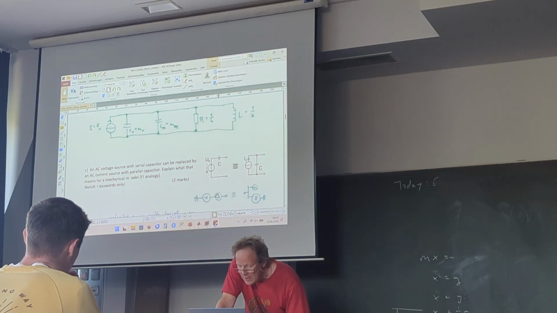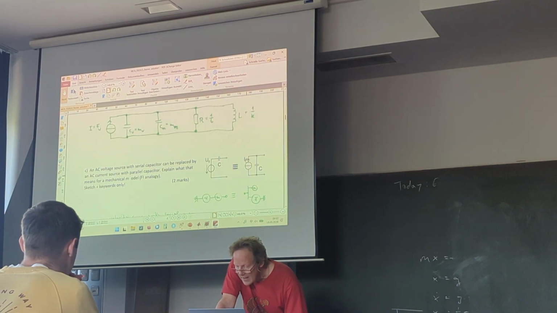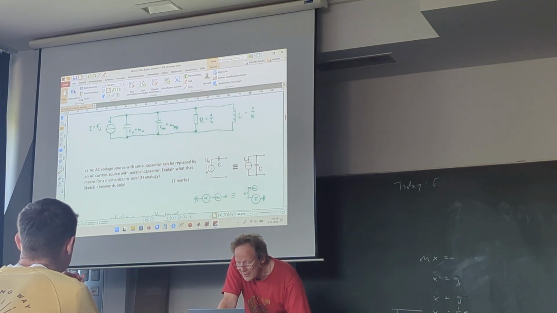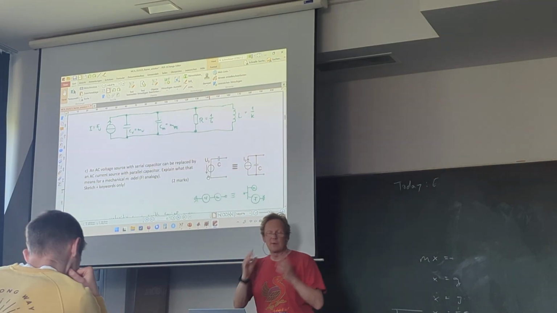So we have a series of mass and a velocity source. So that's one possibility to interpret this, and we have the centrifugal force acting in parallel to the inertia of the mass. So that's the second viewpoint. Electrically, we could say this is a series of a voltage source with a capacitor, or it's a current source with the same capacitor but in parallel.